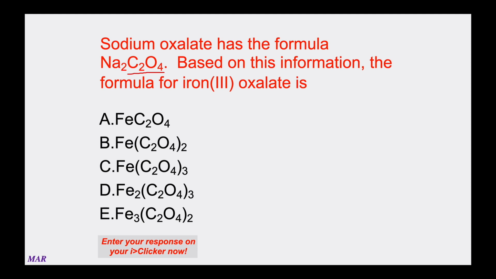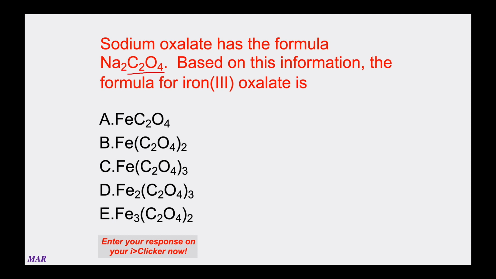So C2O4 must have a -2 charge, and oxalate is C2O4 with a -2, if you look it up or if you knew that. So that's going to be important because we need to know what the charge is on oxalate to balance it with the iron 3. And iron Roman numeral 3 means that it's iron +3.